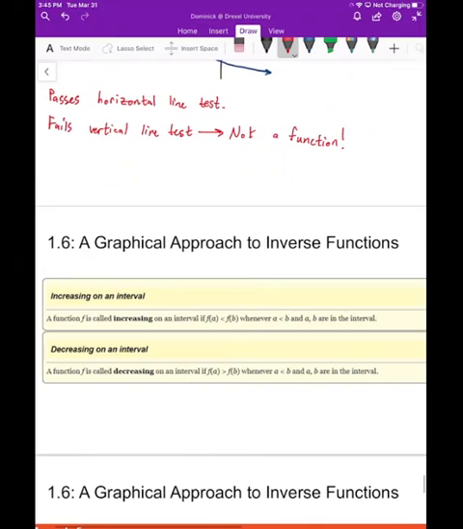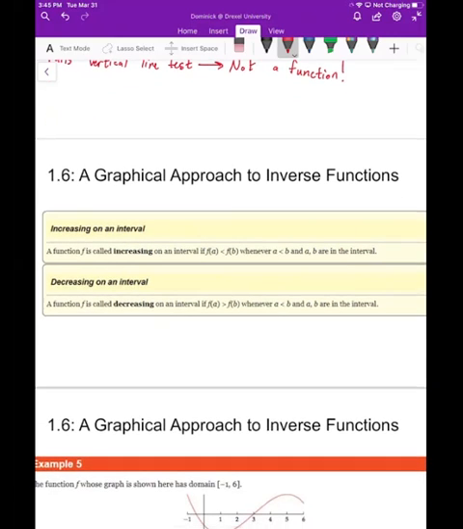Okay, so now we can talk about what we mean by increasing and decreasing functions by looking at a graph. And we say that, of course, a function is increasing if you have that f of a is less than f of b when a is less than b. All right, what does this mean in English? It means as you move from left to right, the graph goes up.